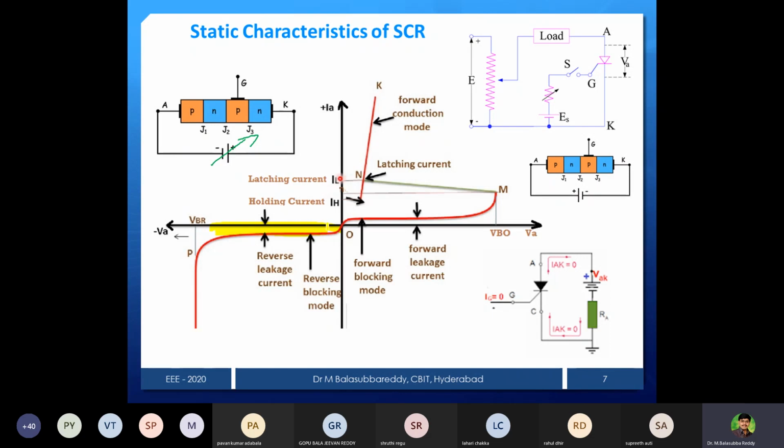By increasing the voltage, this gap gradually increases. That is, the reverse leakage current gradually increases. Up to this point I call it the reverse blocking mode of operation.